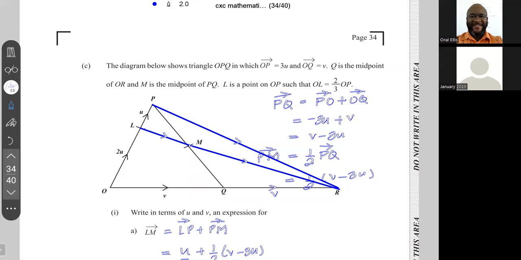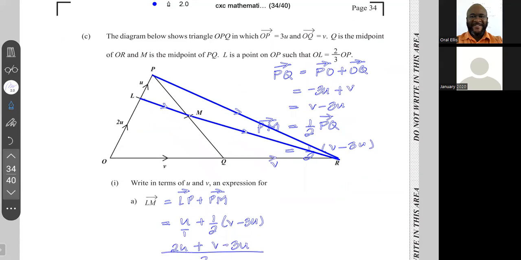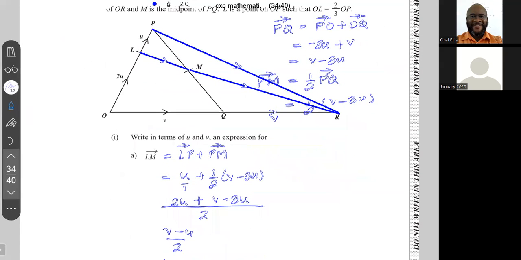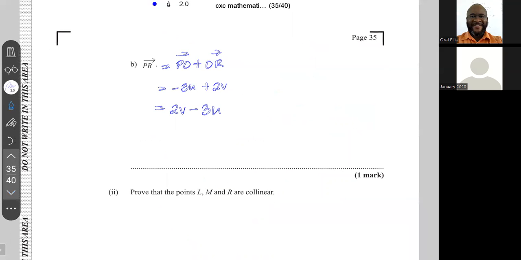So if OQ is the vector V, QR is also the vector V. So MR is equal to MQ plus QR.